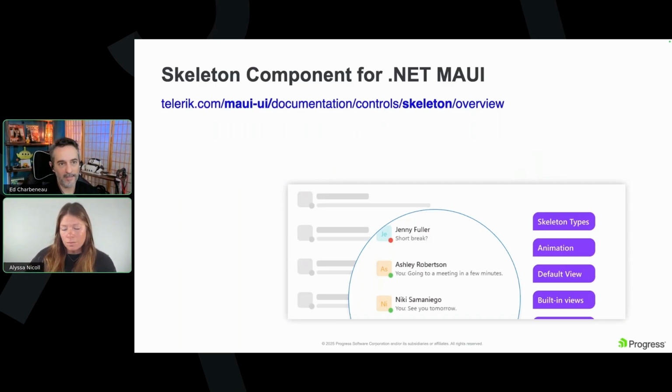So there's a lot of instances where you have to show some kind of loading mechanism while the AI is processing something, right? And there's a lot of room for the skeleton and other Telerik components to take precedence over that UI behavior. So the skeleton component's a huge one.